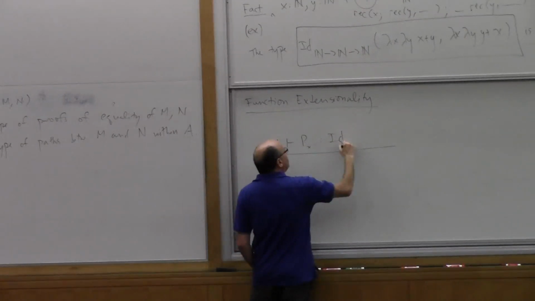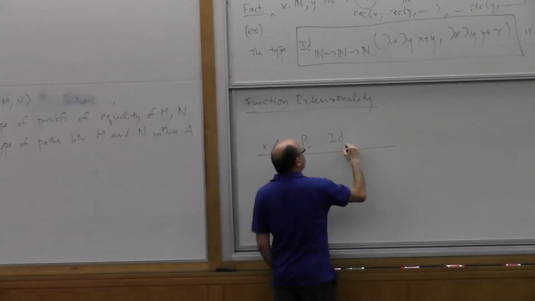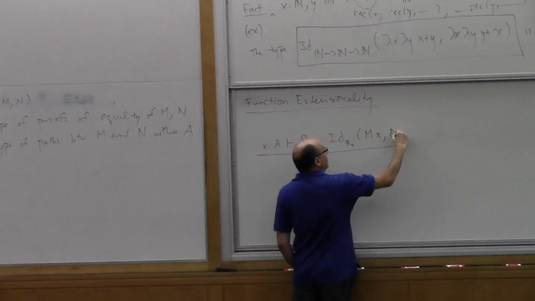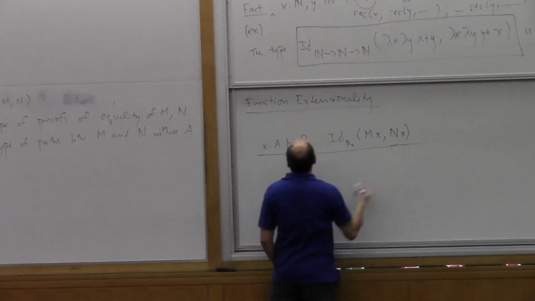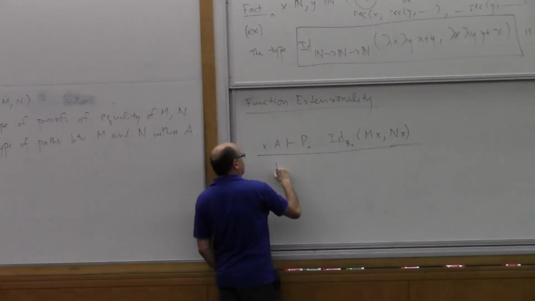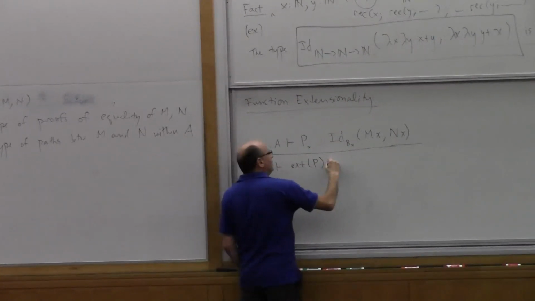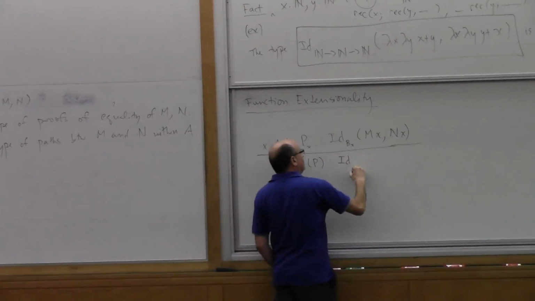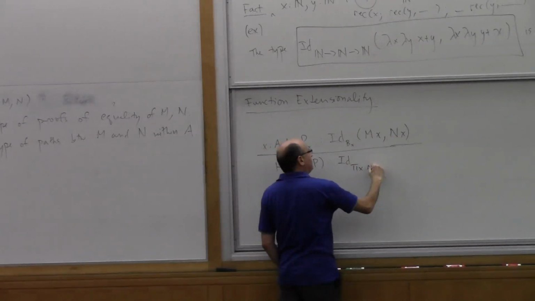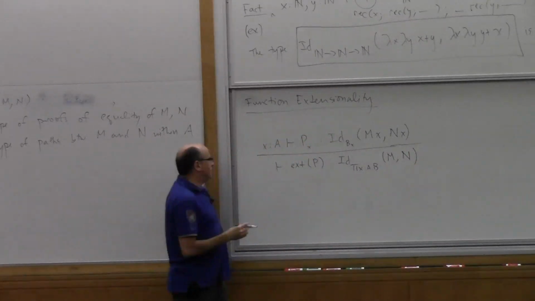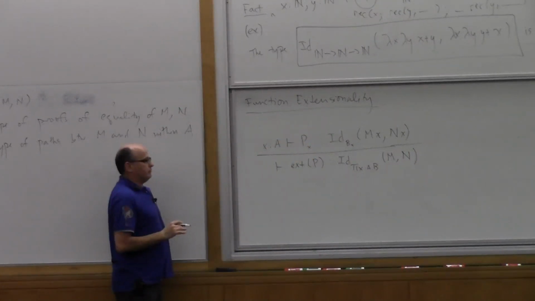If I'm able to prove, and I have some type B, which itself could depend on x, that m x is equal to n x, then there ought to be a proof object, I'll call it extensionality of P, which is a proof that m and n are equal as elements of pi x in A, B. That is the principle of function extensionality according to my definition.